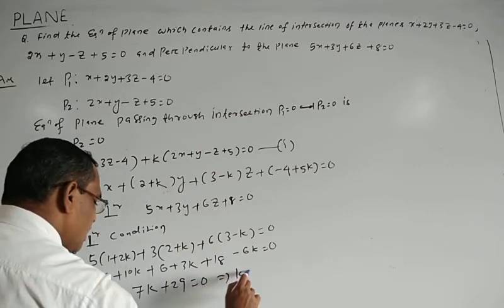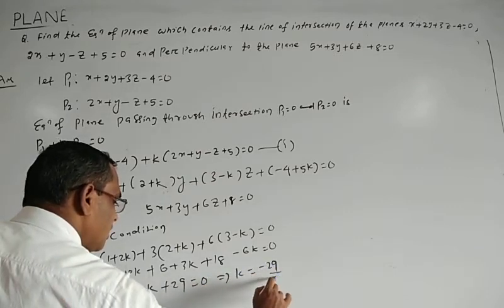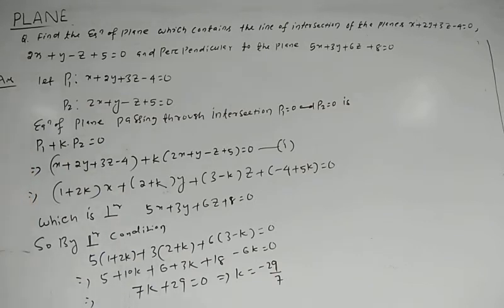That implies k is equal to minus 29 by 7.